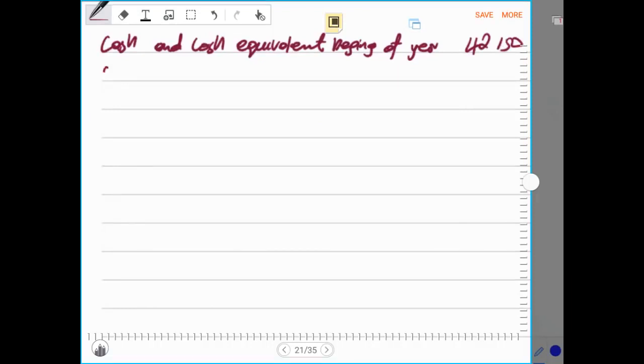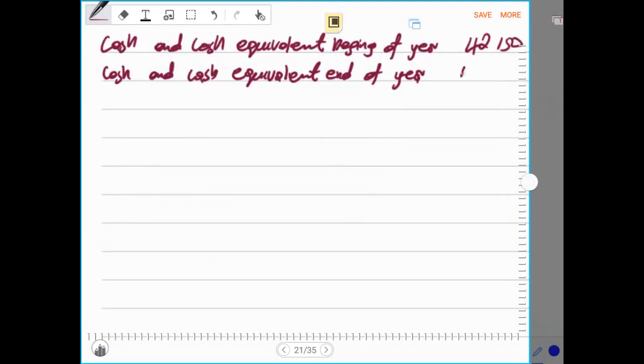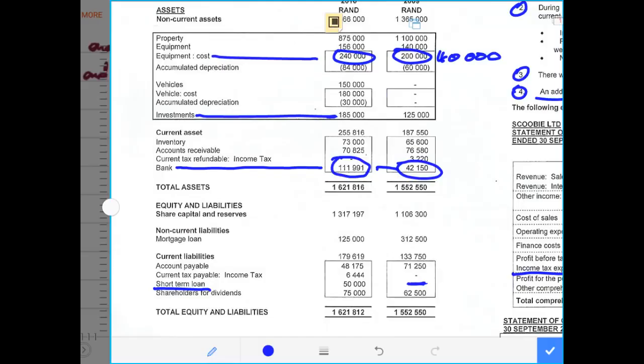Then after we have cash and cash equivalent end of the year. Our cash and cash equivalent at the end of the year is 111,991. So now this is surely an increase.